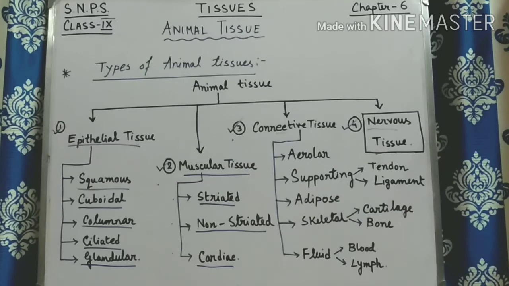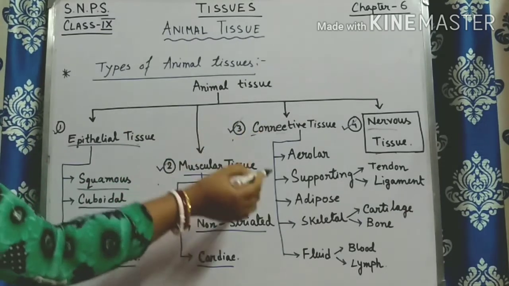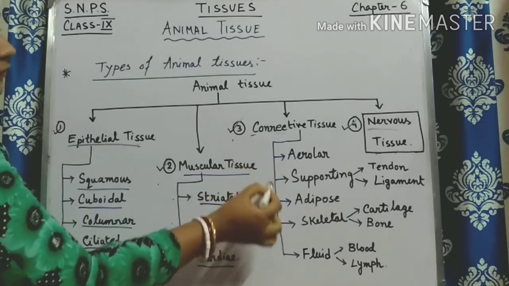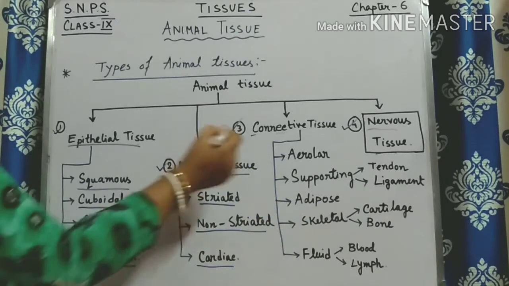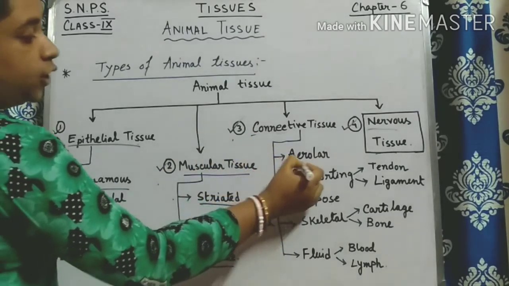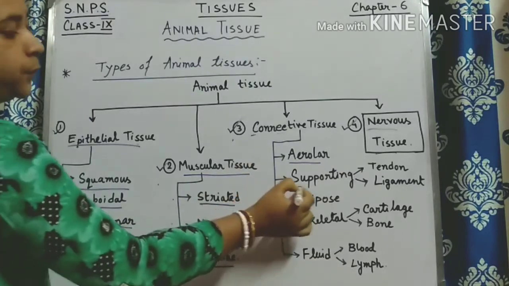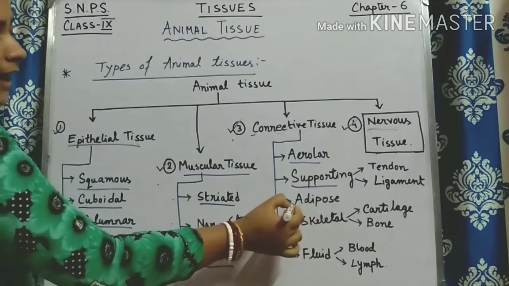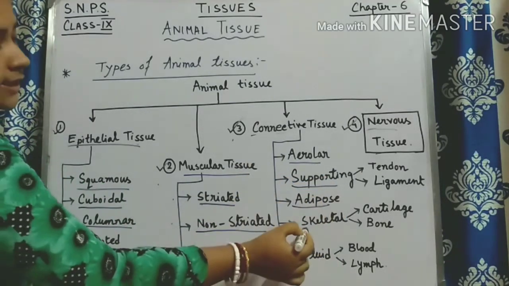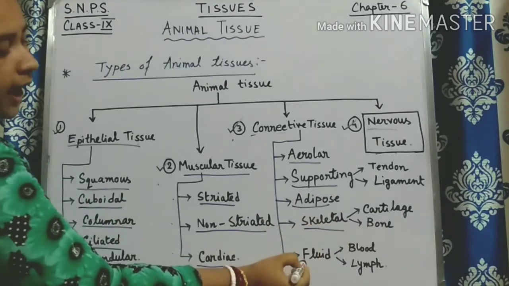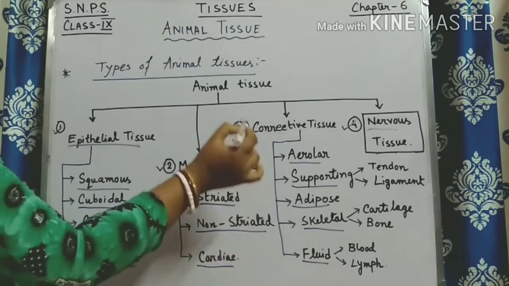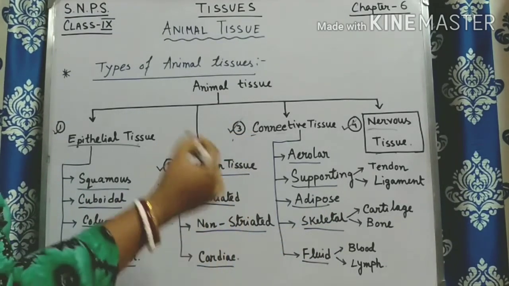Now let's see the connective tissue. There are 5 types of connective tissue. That are areolar connective tissue, supporting connective tissue, adipose connective tissue, skeletal connective tissue, and fluid. Here are also subtypes.